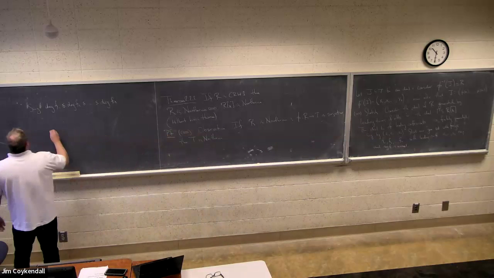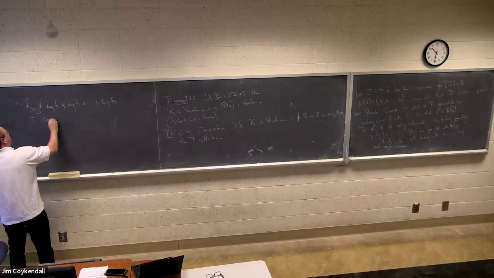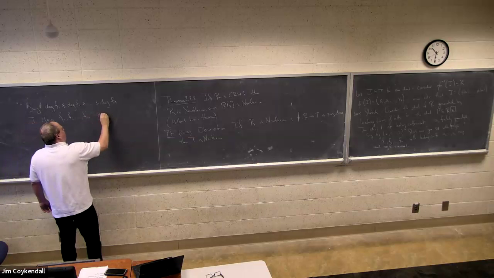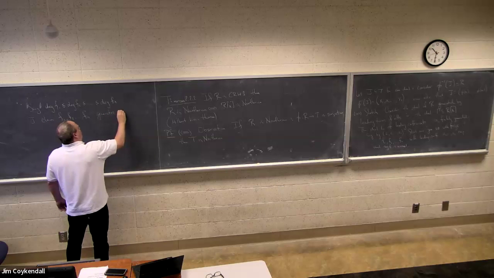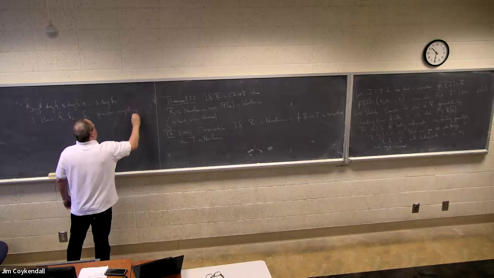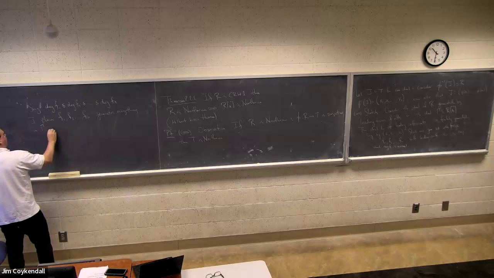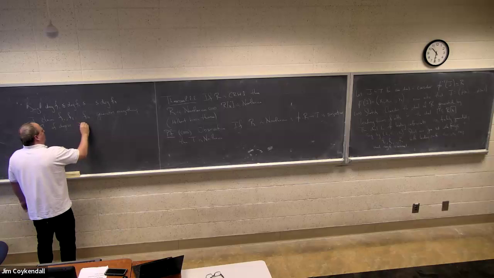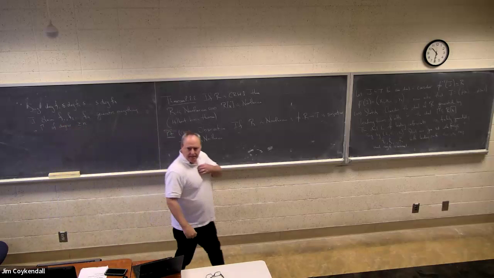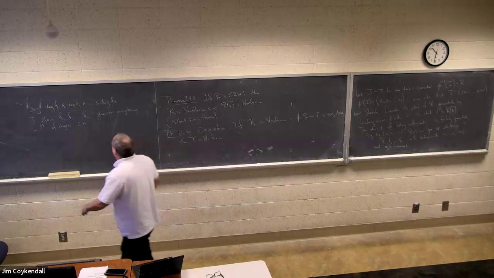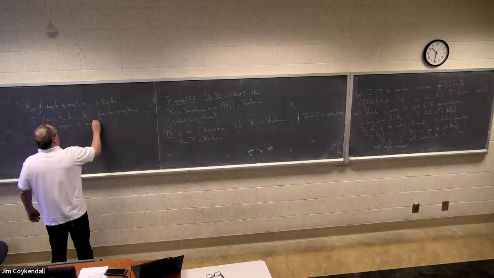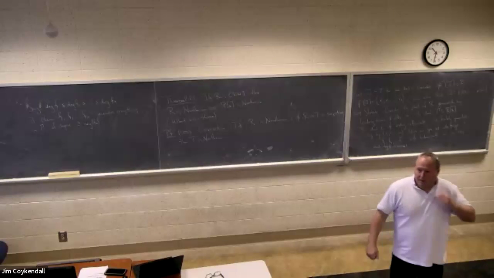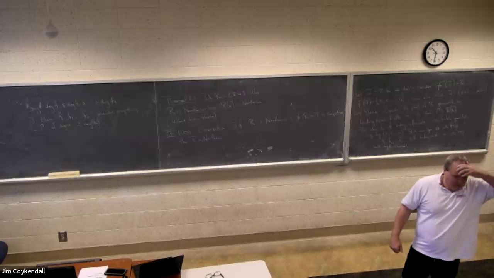I claim F1, F2, up to Fn generates everything in gamma of degree greater than or equal to the degree of Fn. Can anybody explain why that's true?